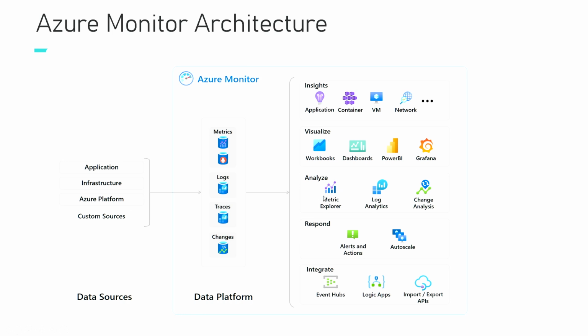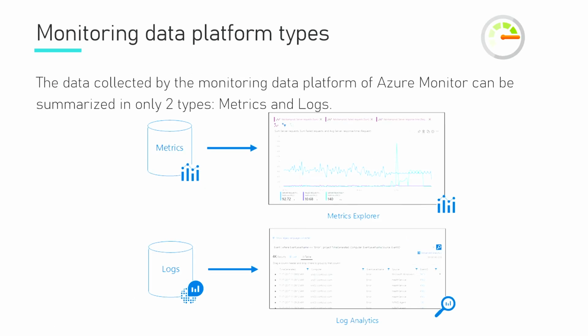You can analyze the data, an area where we're analyzing what Monitor is and how it fits into the whole picture. When we're looking at the types of data that is being generated, typically we're looking at this type of data, which is metrics and logs. So it's a very simplistic way of looking at things.